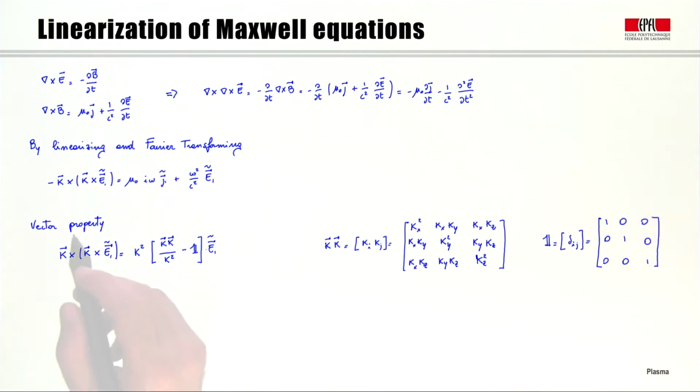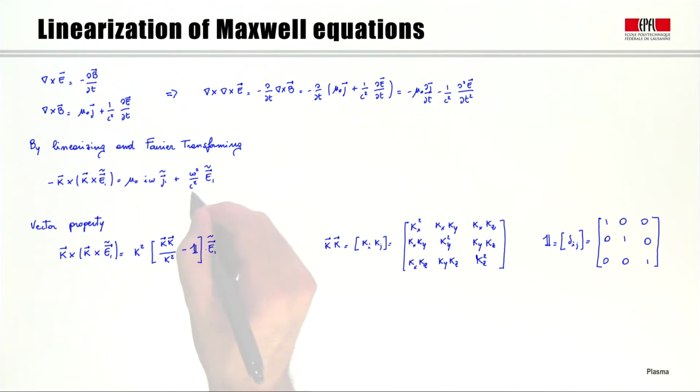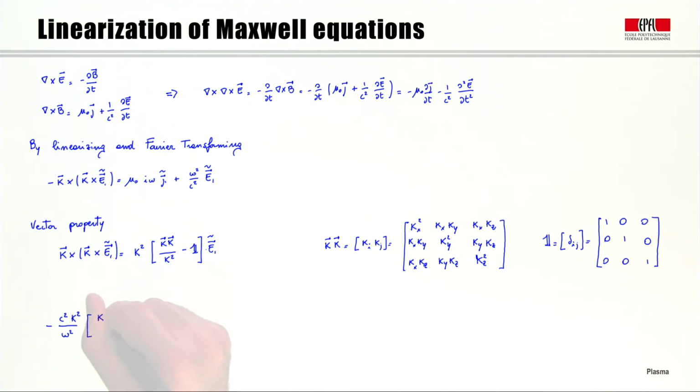And now by using these vector properties we can expand this k cross k cross E1, and by multiplying times c squared and omega squared, we find c squared k squared over omega squared, and then this term here times E1 for the transform.